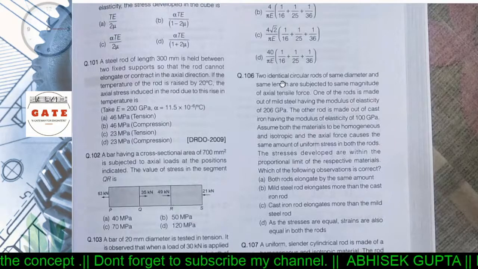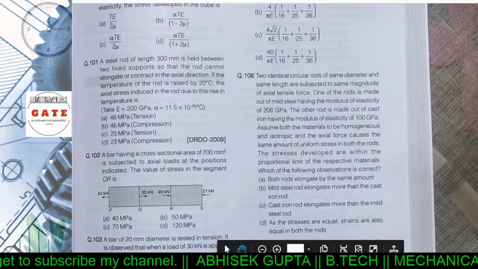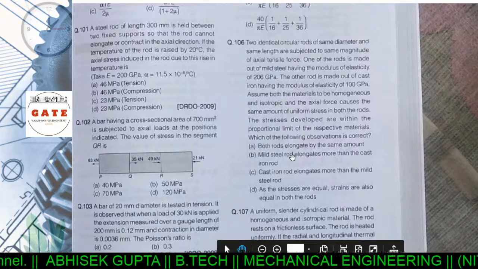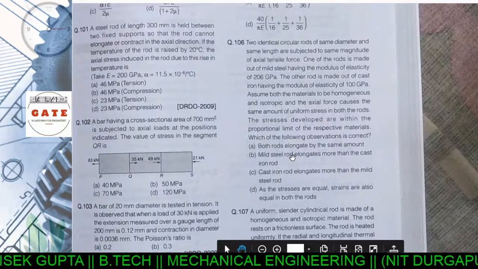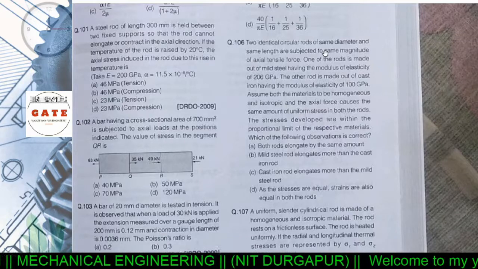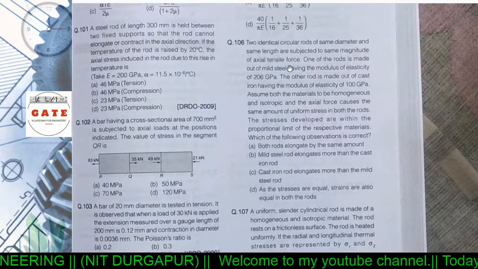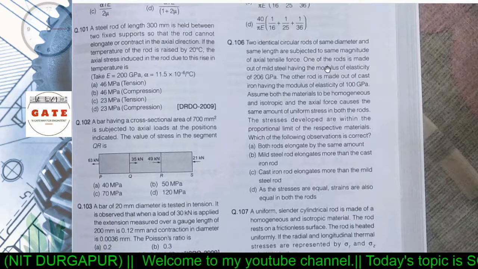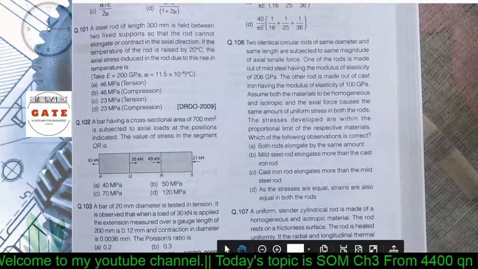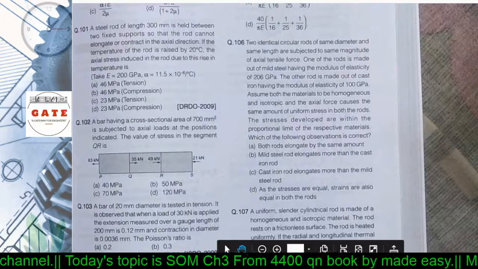106. The question looks so huge, but the answer is very easy. Let us read the question. Always it is seen that if the question is too lengthy, the answer will come in small by solving a good concept. So two identical circular rods of same diameter and same length are subjected to same magnitude of axial tensile force. One rod is made of mild steel with modulus of elasticity 206 gigapascal.